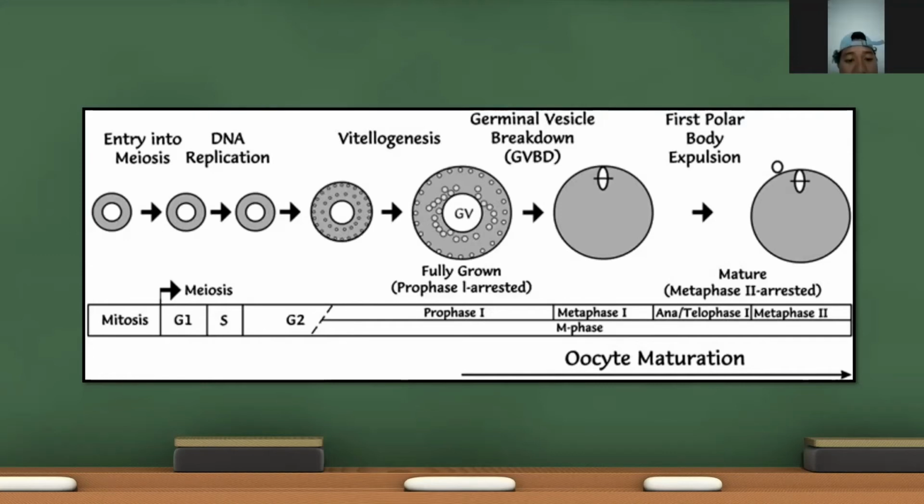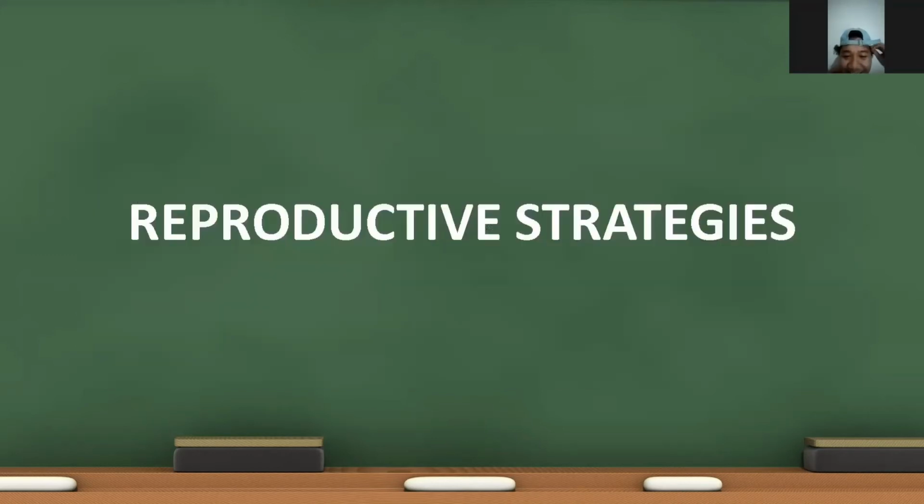First, dadaan siya sa meiosis, tapos DNA replication, then vitellogenesis, tapos may germinal vesicle breakdown pa. Tapos papasok na naman siya sa prophase 1, metaphase 1, hanggang sa magiging mature na yung egg natin. Reporter natin ay si Ian.